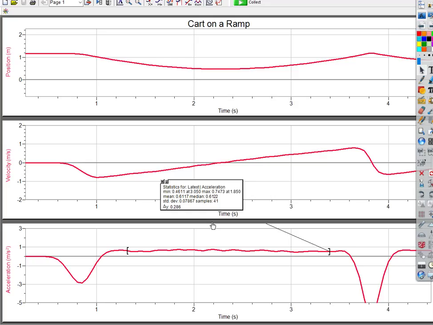Okay, how could I do that? Are you familiar with that? What's the mathematical way that we could come up with an average slope, so to speak? Integration. Well, that's not really what I'm getting at. I mean, there's a statistical tool built into this that works really well for this. Yes, ma'am.